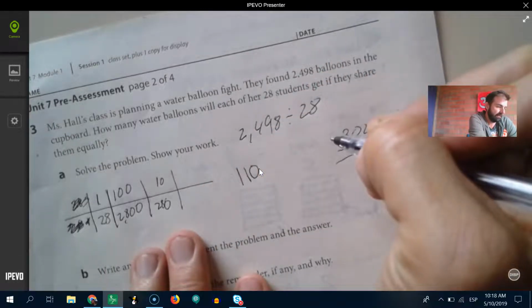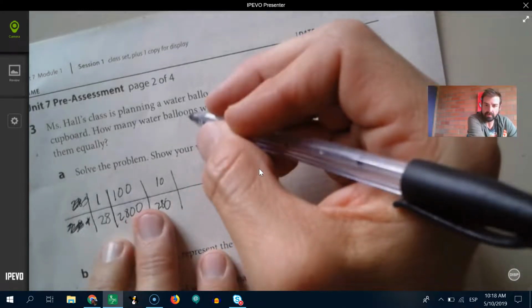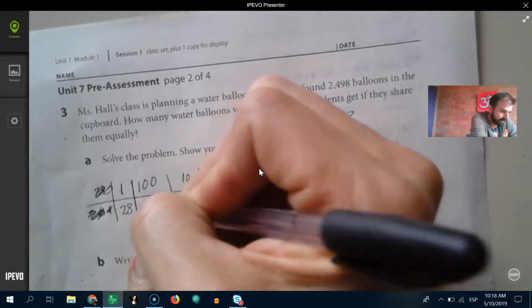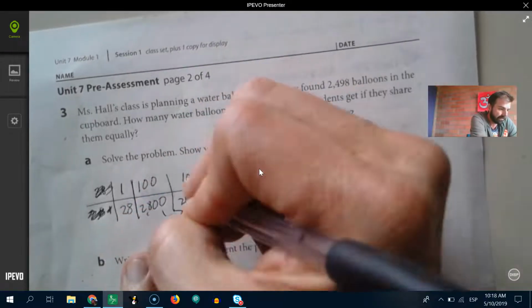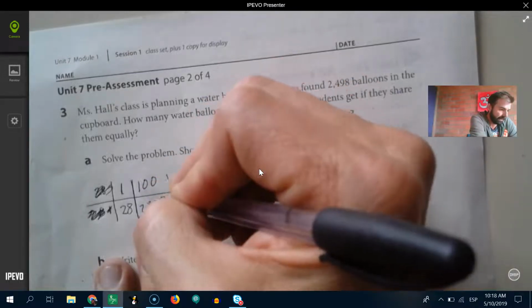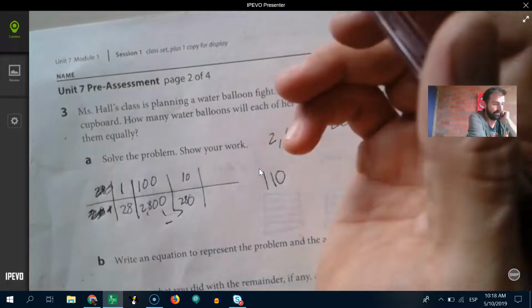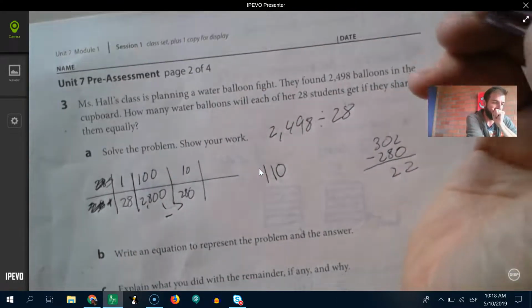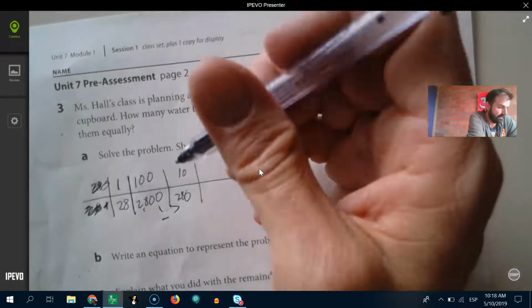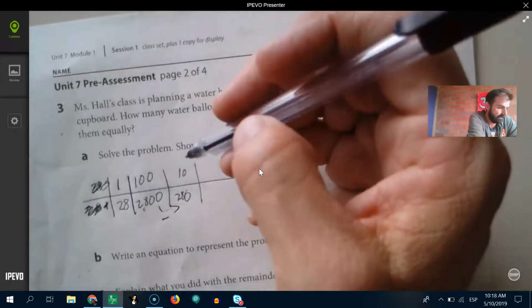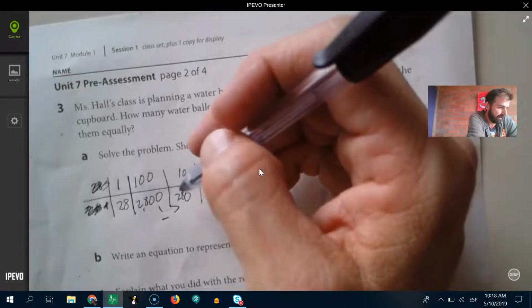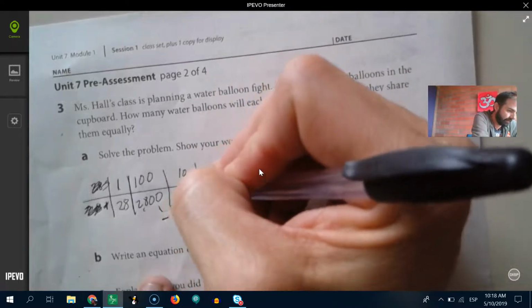110. No. I added. I'm supposed to subtract here, right? Because look, to get... So here, if I subtract 280, if I subtract these two, I get what? 2,000... oh wait, I might have done this wrong. 200 was 600, and then 80 would be 2,520.